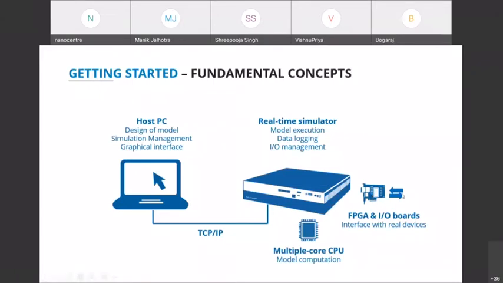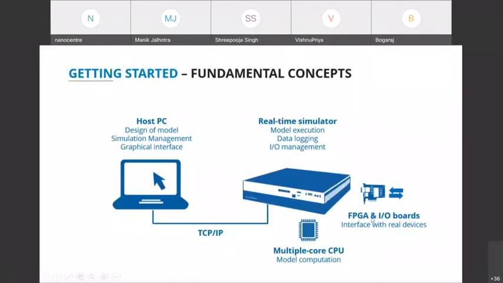And then we have these IO boards. These IO boards are used to transfer the information, whether it is of the analog kind or the digital kind, whether we are receiving it or want to send the signals out from the simulator. So all of these IO boards are made use of.